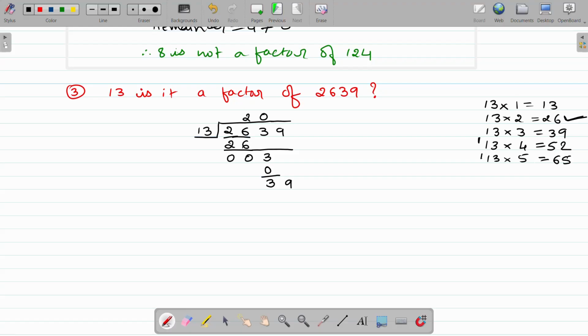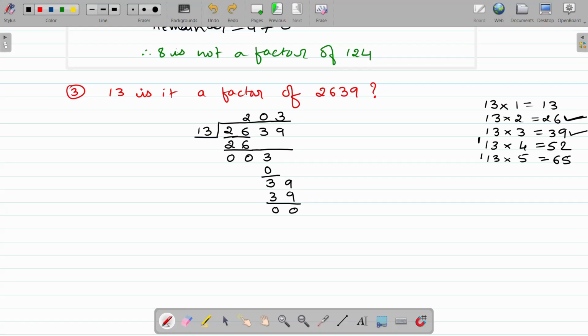So we have to check the multiples which are either equal to or less than that number. Exactly, we get the equal one only, that is 39, that is 13 threes are 39. So we write it above the 9. We got the remainder again as 0. So first remainder is 0, second remainder is 3, third remainder is again 0.